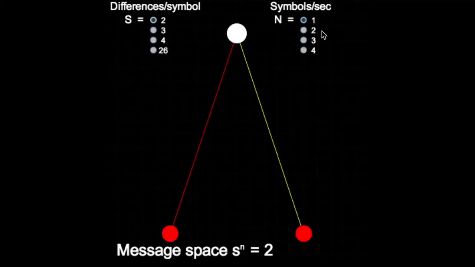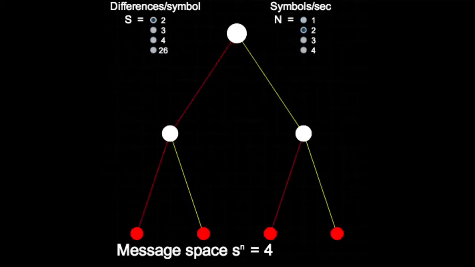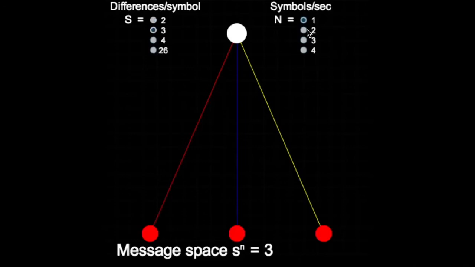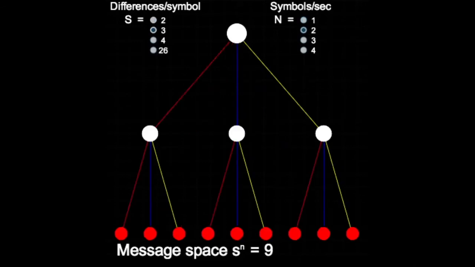For example, let's say Alice sends Bob a message which consists of 2 plucks, and they are using a hard versus soft pluck as their communication system. This means she has the ability to define 1 of 4 possible messages to Bob. And if instead they were using a system of hard versus medium versus soft plucks, then with 2 plucks, she has the ability to define 1 of 3 to the power of 2 equals 9 messages.